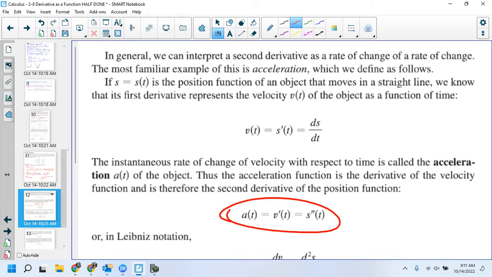We're not even going to look at the Leibniz notation down there because I like this prime notation much, much better. But that's a key concept that you have to learn. If you've got a position function, just find the double derivative, and there's your acceleration. If you've got a position function, find the derivative, that's your velocity.